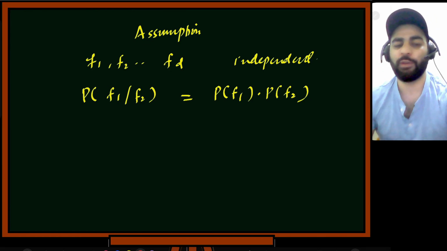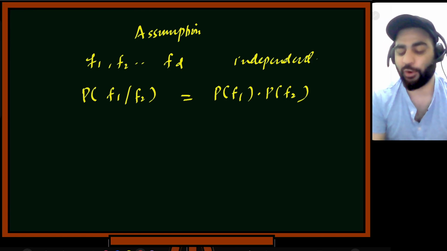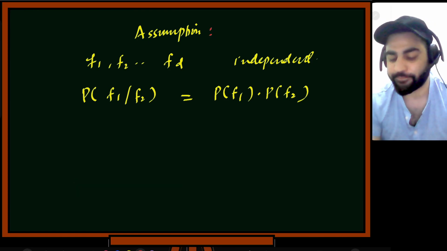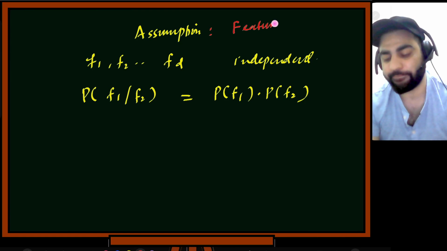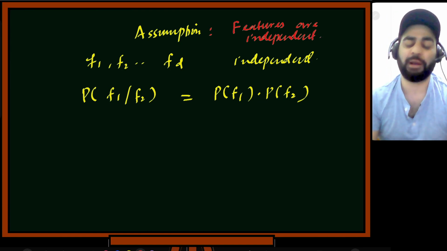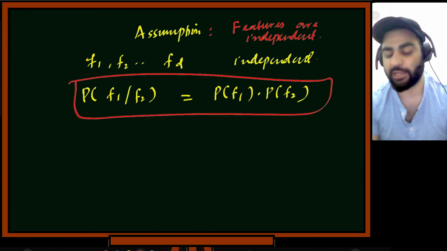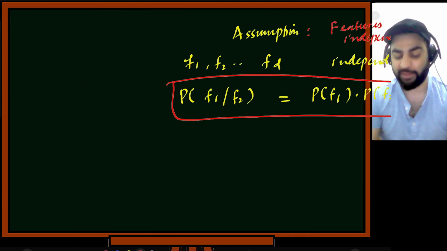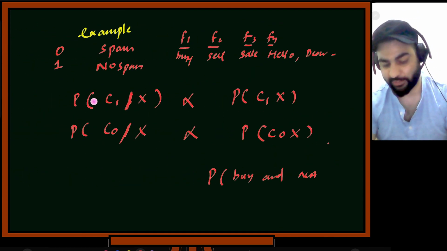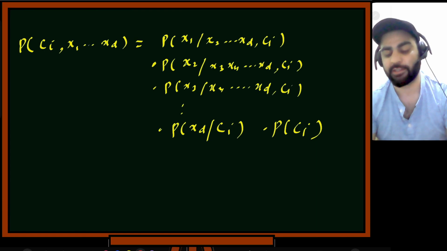Now we'll condition this. Here we assume that all these features are independent. So this is my assumption. By that, I can write it like that, which is the meaning of independence. If you see this equation, I'll use it directly.